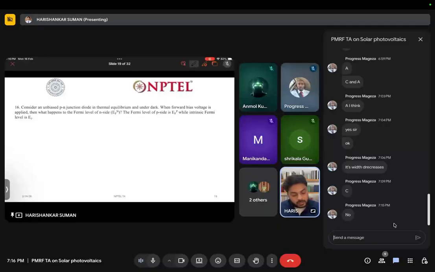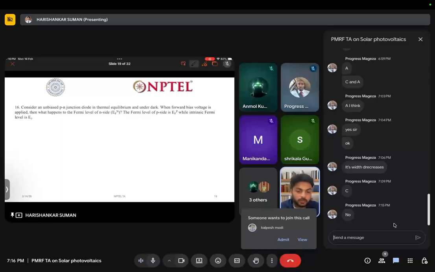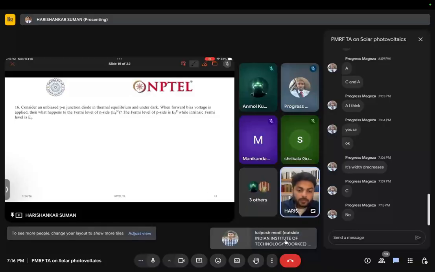Consider an unbiased PN junction diode in thermal equilibrium and under dark, no illumination. So totally at equilibrium.